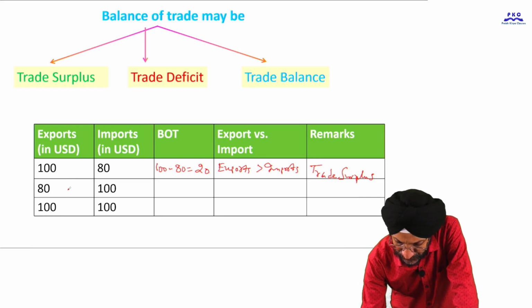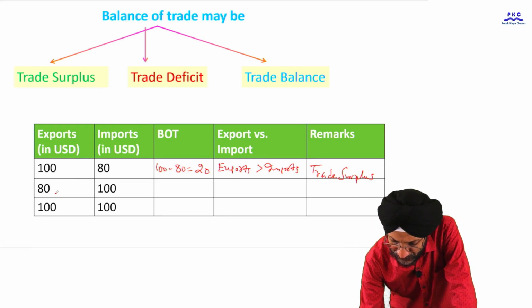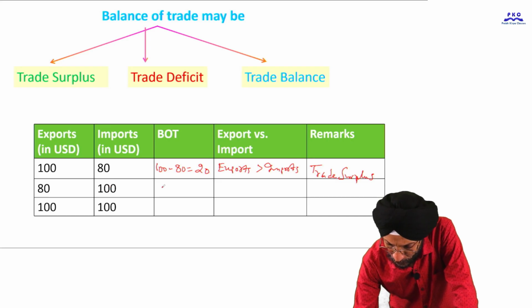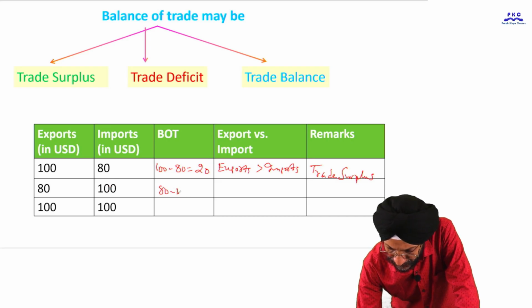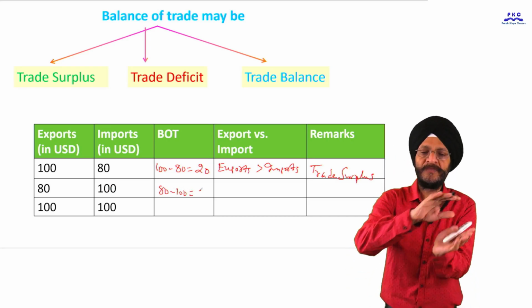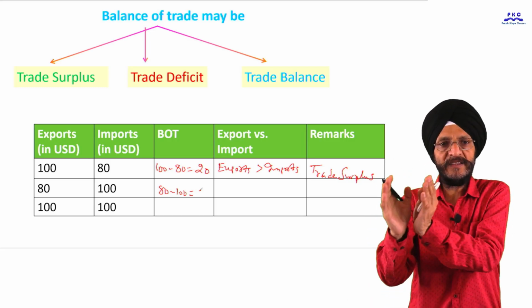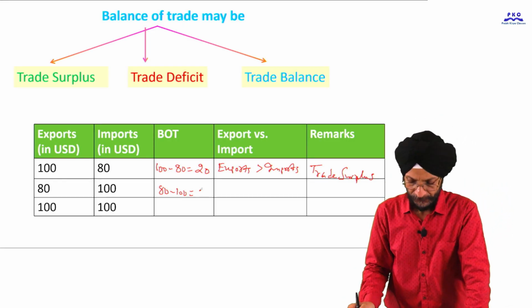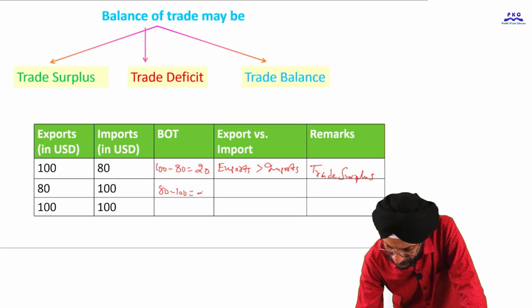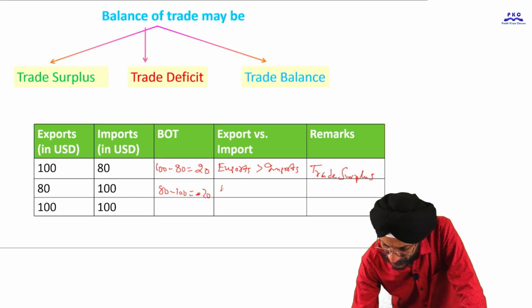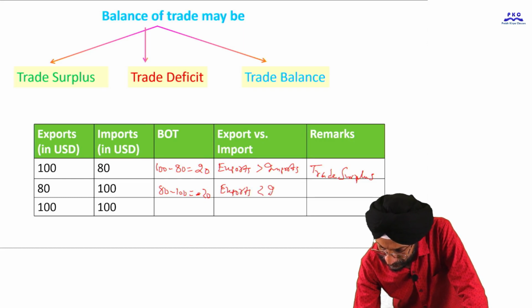Here in the second example, exports are less as compared to imports. So 80 minus 100, exports are to be taken first and then we have to take imports. 80 minus 100 becomes minus 20. Here exports are less than imports.